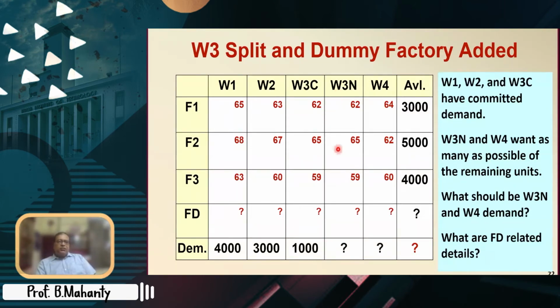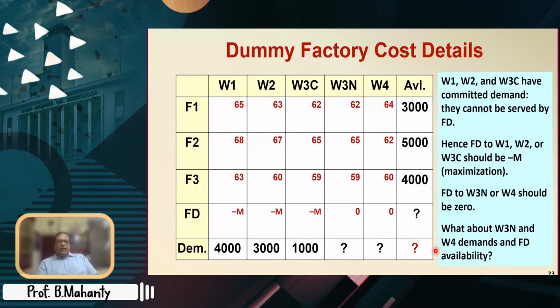With that discussion, now tell me what should be the demand of W3N? And the demand of W4? That also should be 4,000. Availability of FD should be 4,000, and the total would be balanced on both sides, that is 16,000. Is it all right? Here is the cost part: because FD cannot send to W1, W2 or W3C, those should be minus M, because it is a maximization problem.